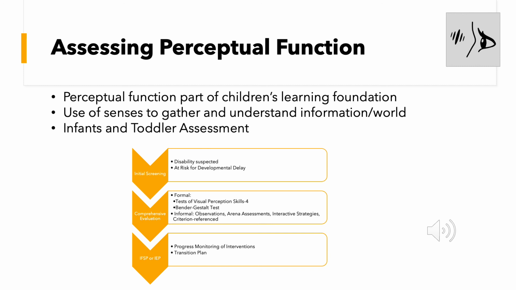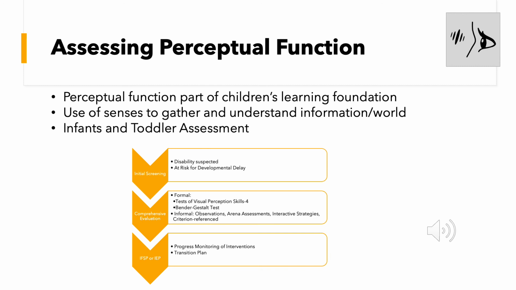Early childhood perceptual functioning assessments can be part of an overall assessment process for problems like autism spectrum disorder. These assessments can include spatial relationship skills, visual perception, sequencing, and memory. The three-step assessment process includes the initial screening to recommend a comprehensive evaluation.